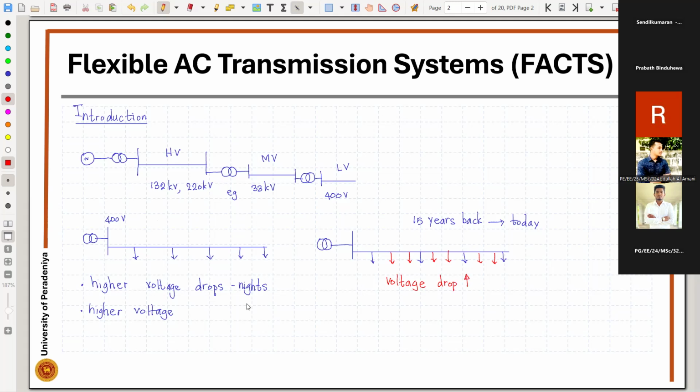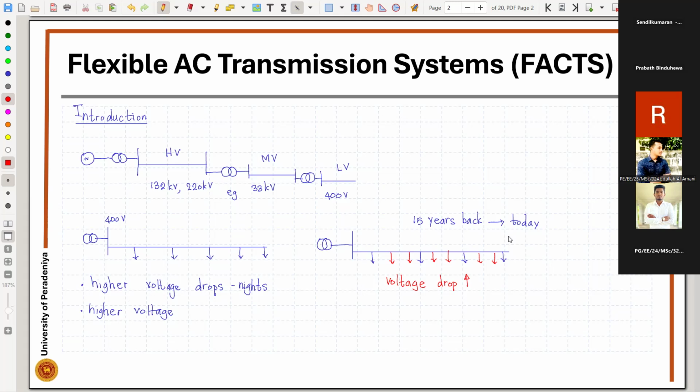In the first case that we considered, we observed that we have a network where sometimes we have voltage drops, but in some cases we can experience higher voltage. In this case, we are thinking about what would happen down the line.